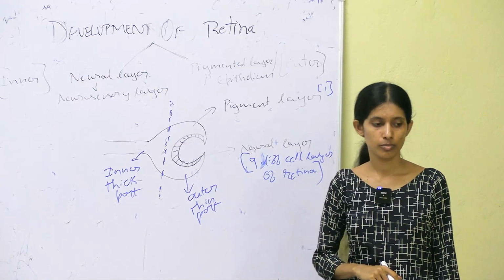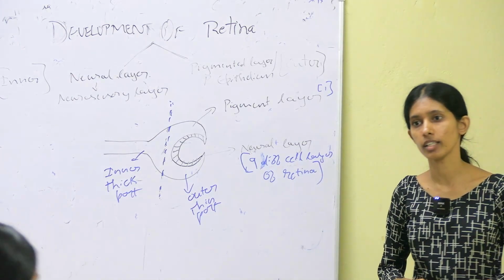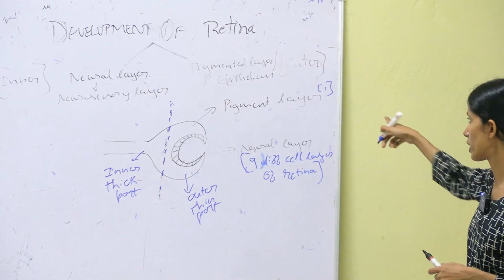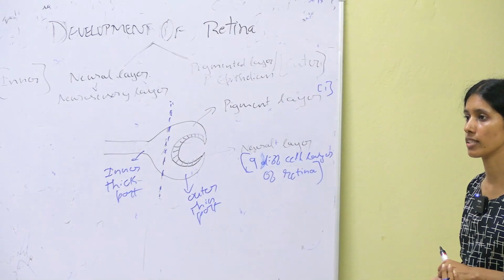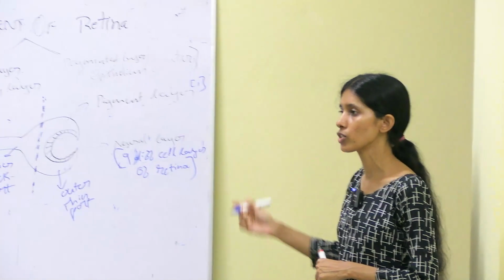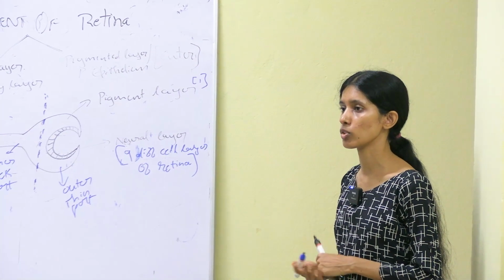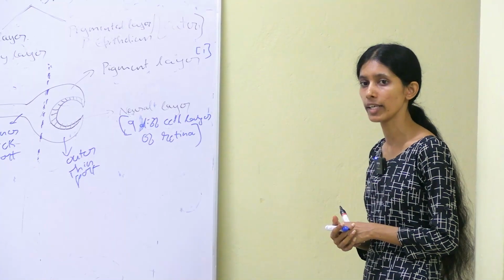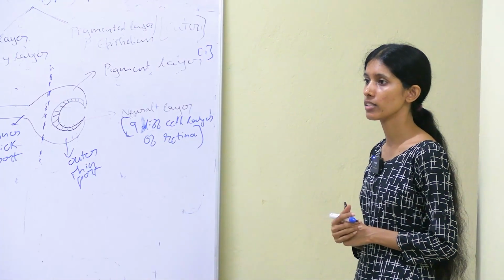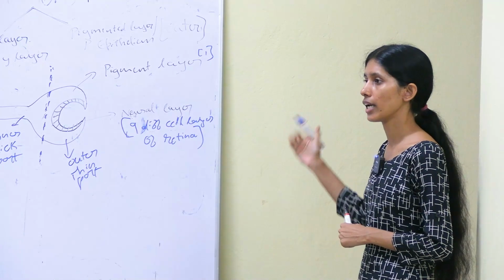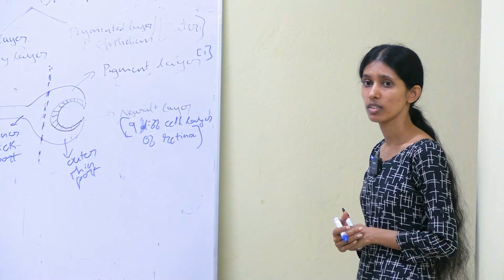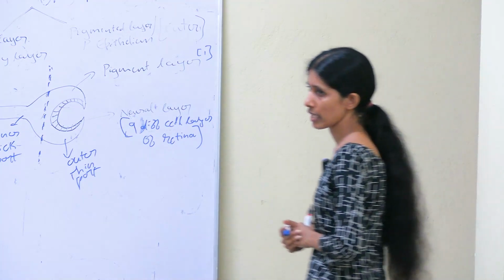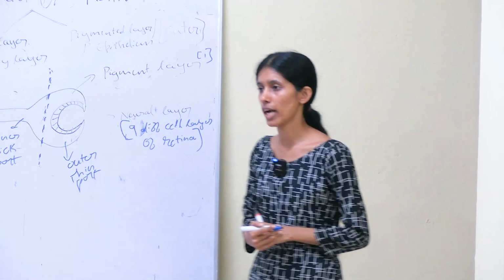So in the development of the retina, we can mainly see two cell layers at the developing stage. The first one is the pigment cell layer, which is present in the outer aspect, and the second one is the neurosensory cell layer, which is present in the inner aspect. The neurosensory layer will give rise to 9 different cell layers in the adult structure. Your pigment cell layer will develop into one cell layer in the adult structure.